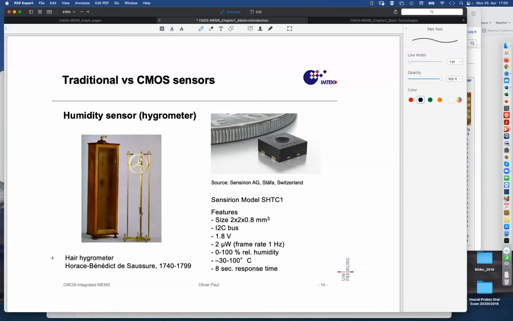So here you have a humidity sensor, a classical humidity sensor from the 18th century, invented by Horace Bénédict de Saussure in Geneva. And one day he went to his wife and said, here's your hair. Your hair curls up, doesn't it, in humidity?